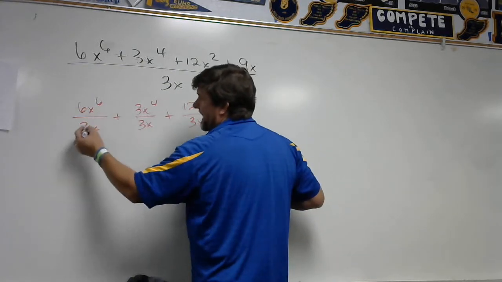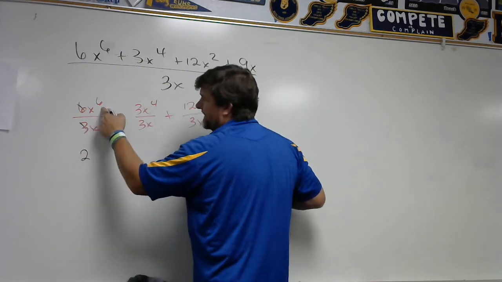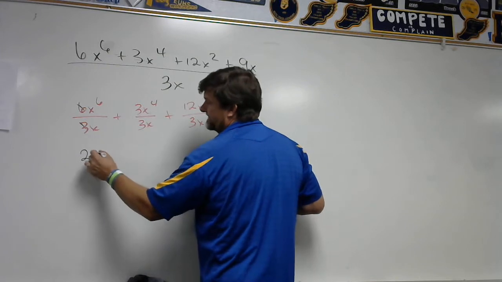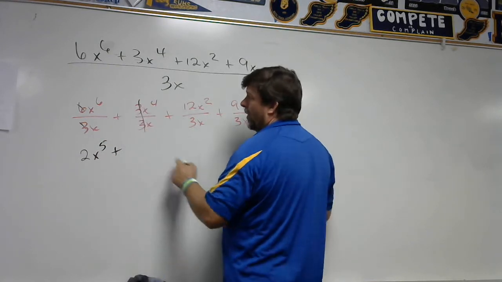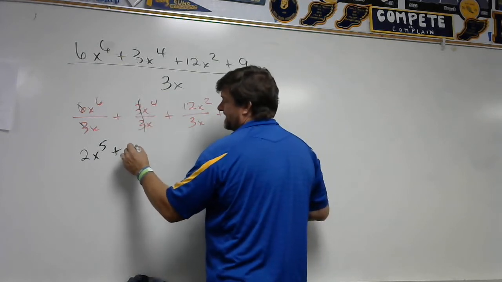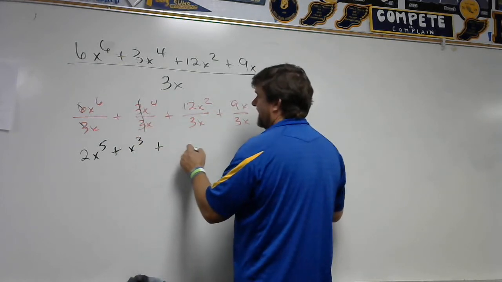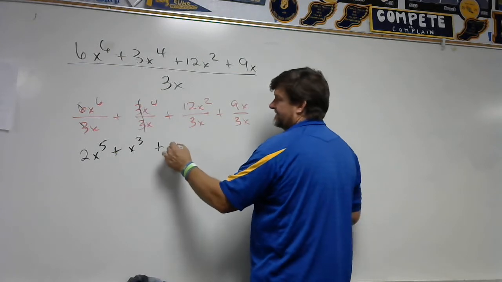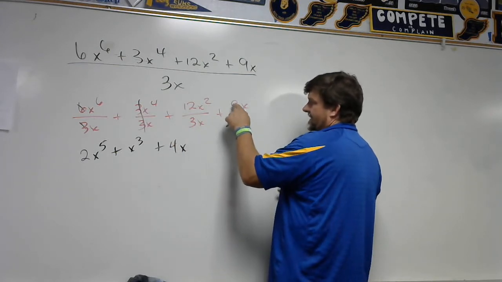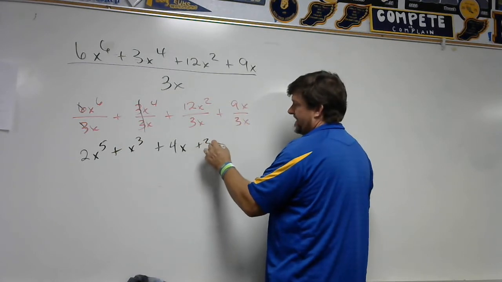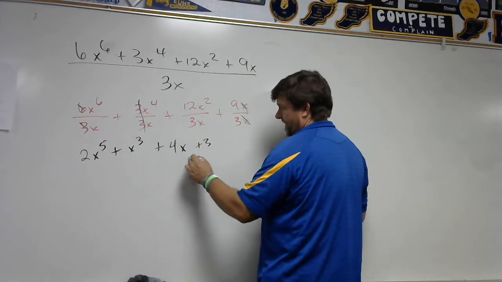When they cancel out, that's going to become 2. x to the 6th divided by x is x to the 5th, plus those become 1. x to the 4th divided by x is x to the 3rd, plus 12 divided by 3 is 4. x squared divided by x is x. 9 divided by 3 is 3. x divided by x becomes 1.